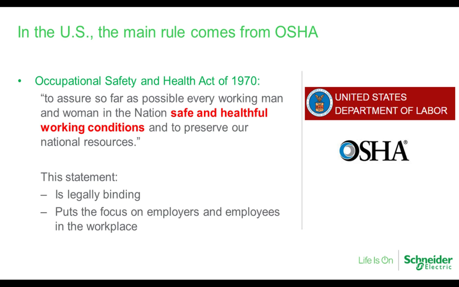And what I highlighted here are the words safe and healthful working conditions. So that's what OSHA is striving for, is to enforce that. So they can levy fines if we don't comply, or worse yet, we have some kind of an accident, some harm is done, and they can shut plants down, stop production. So OSHA is the one we always think of when it comes to that.